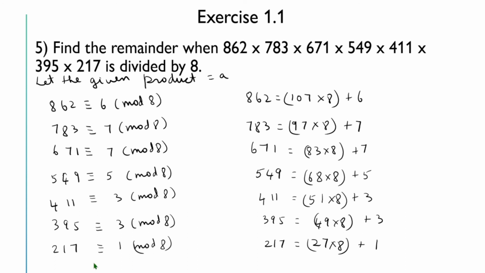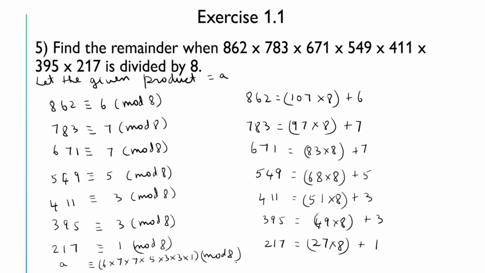So the product of all these will be congruent to the product of all these according to the property of multiplication in modulo arithmetic. Let me write one step here. The product of all these, we have taken as A. So we have A congruent to 6 into 7 into 7 into 5 into 3 into 3 into 1 mod 8.